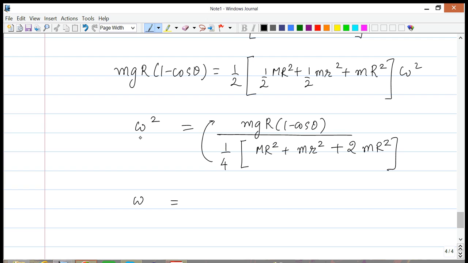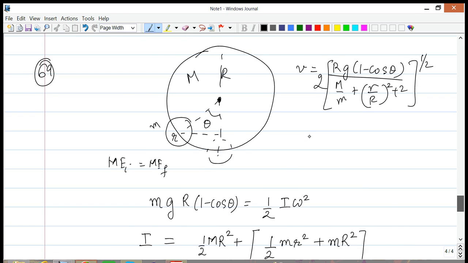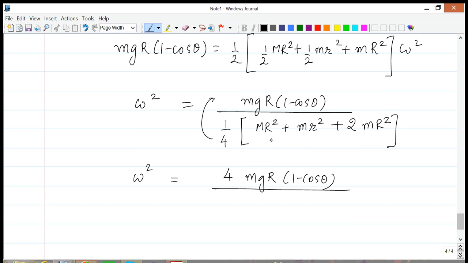Great. Now the 4 will end up in here, and so my omega will be equal to twice, what can I do? Let's write omega squared first. It will be equal to 4 mgR times 1 minus cosine of theta divided by, now let's factor an m times capital R squared out of the denominator.